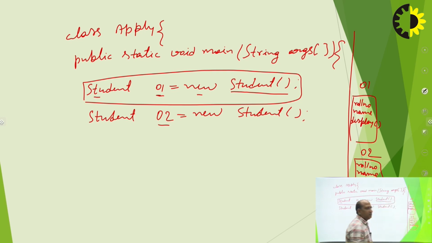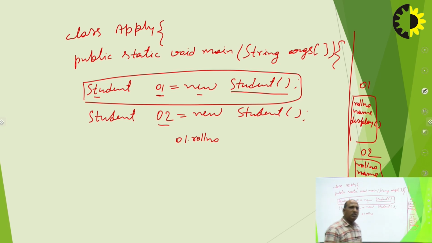All these three things are available with O2 also. And if O1 or O2 want to access the roll number or name, then it can be accessed by writing O1 dot roll number.